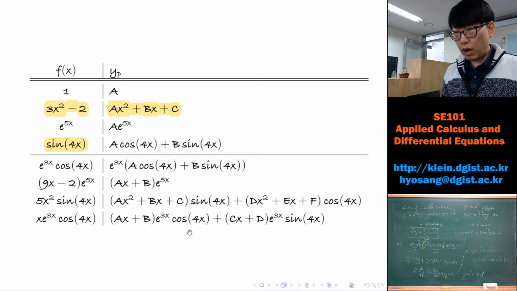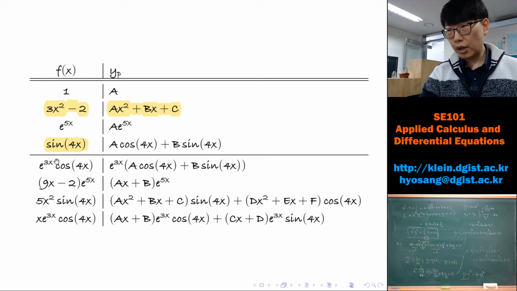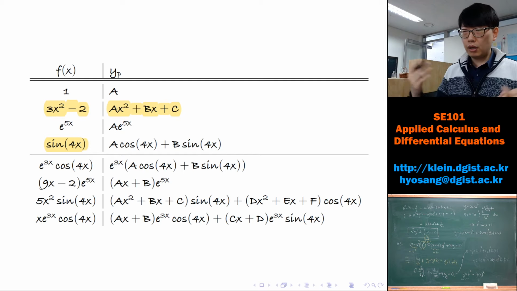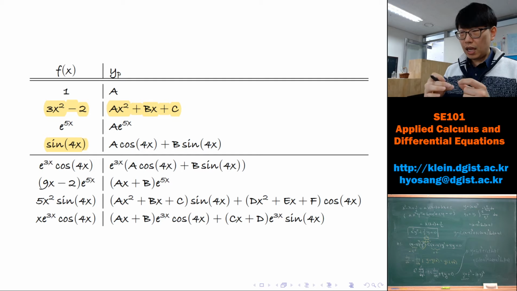And there are more applications here. So if you have a mixed term, such as e to the power of 3x and cosine, you have to start with e to the 3x times this cosine form. So don't think about the actual formula of f(x). Think about the type of function.